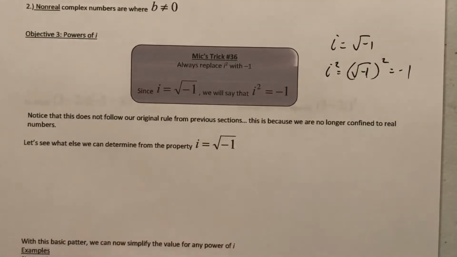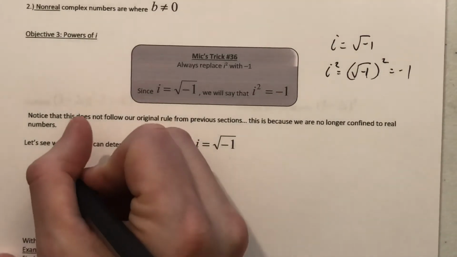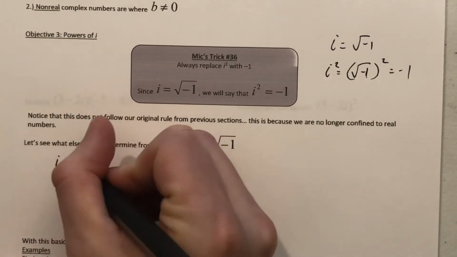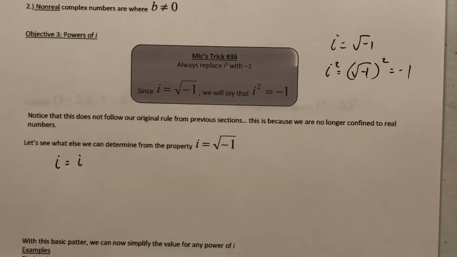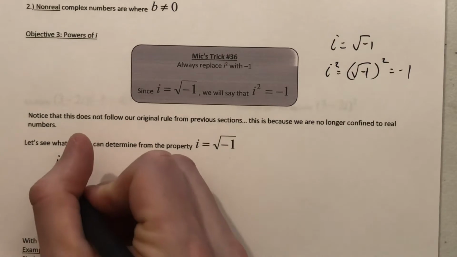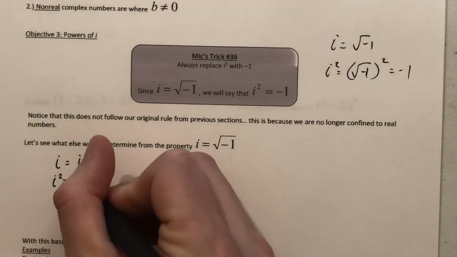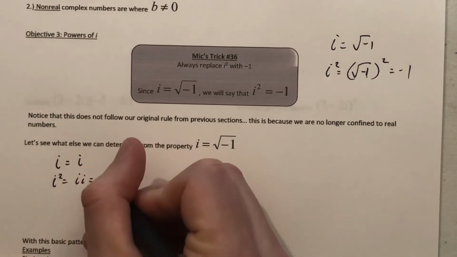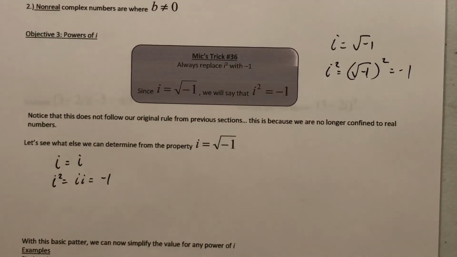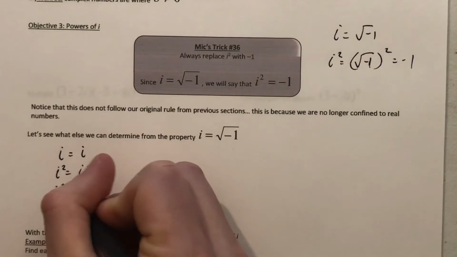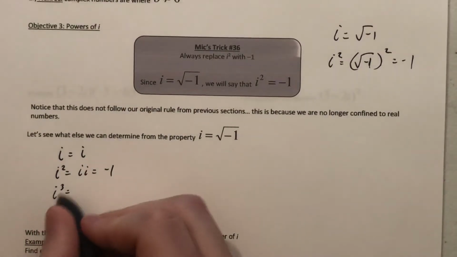So let's see what else we can determine about the properties of i. If we know that i is always represented as i, that's just its default form. But we just saw that i squared, you can think of as i times i, and actually get that value of -1 out of it. Well, what about i cubed? That's 3 i's together.